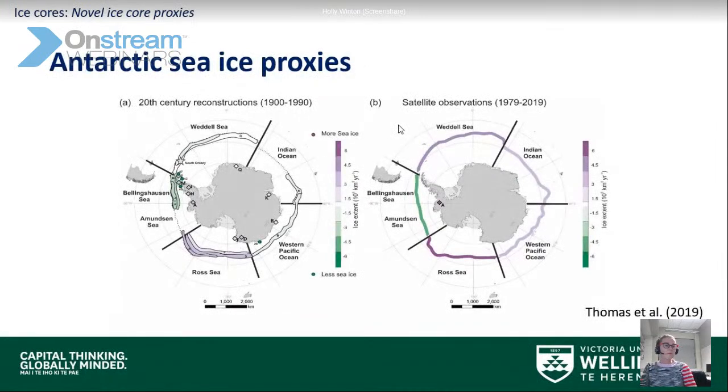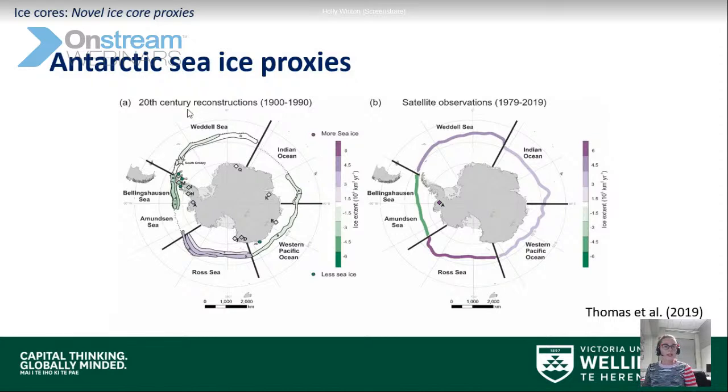The other example is sea ice proxies. As you heard from Tim, and we will hear in a future seminar, sea ice is really important for the climate system. And so we're using ice cores to see how sea ice has changed in the past in order to help us predict what it might do in the future.